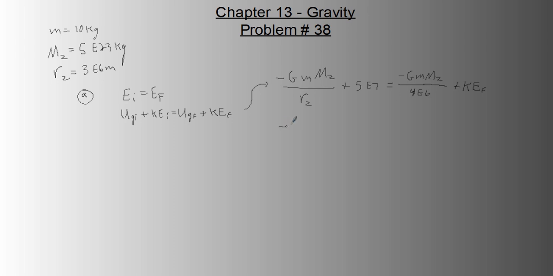This is really just negative G times 10 times 5e to the 23 over 3e to the 6 plus 5e to the 7 equals negative G times 10 times 5e to the 23 over 4e to the 6 plus KEF.